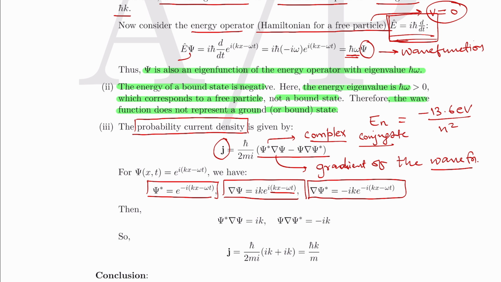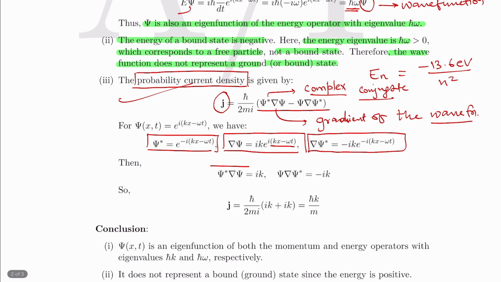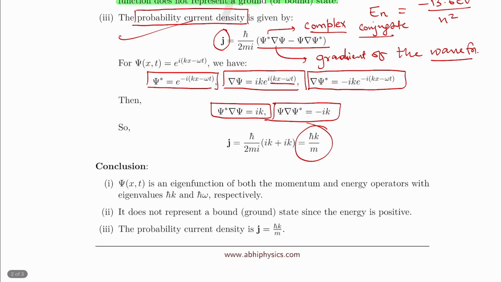Now you have all the ingredients to find the probability current density. You just need to find the terms within the bracket. The first term is iota k and the second term is minus iota k, and since they are in subtraction, they get added, and finally you get the constant probability current density.